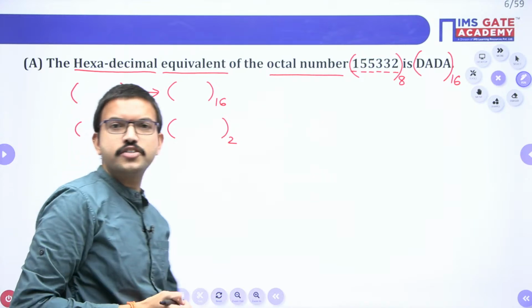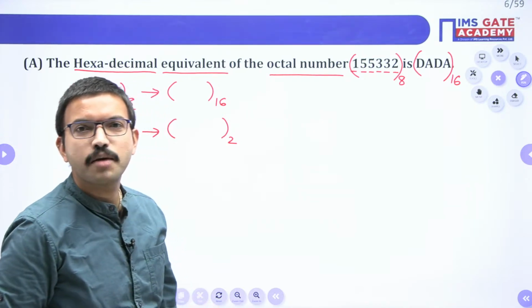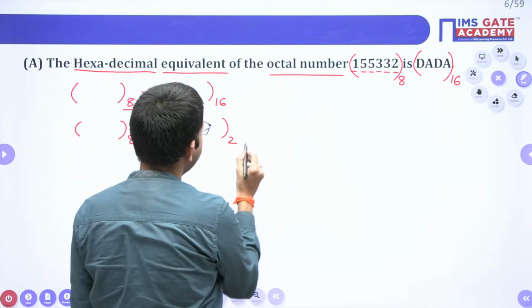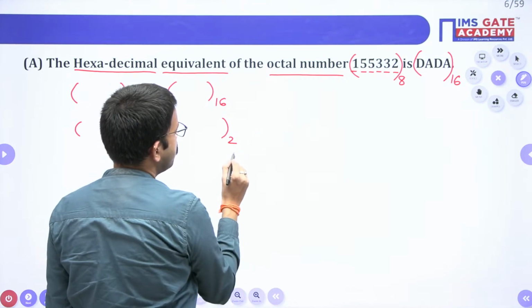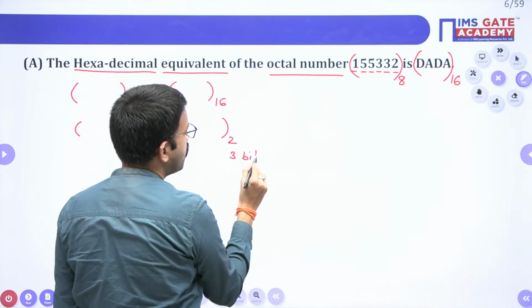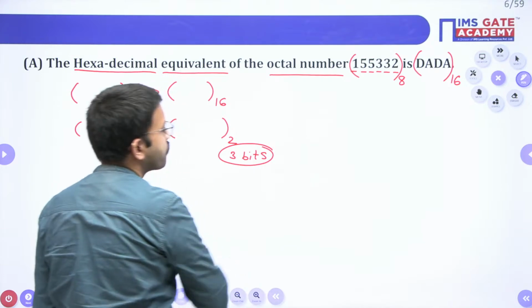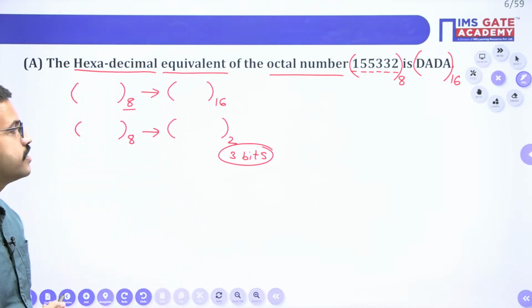Yes, very good, Abhilash. We require 3 bits. We have to represent each and every octal digit with 3 bits. Yes, very good, Rupesh.